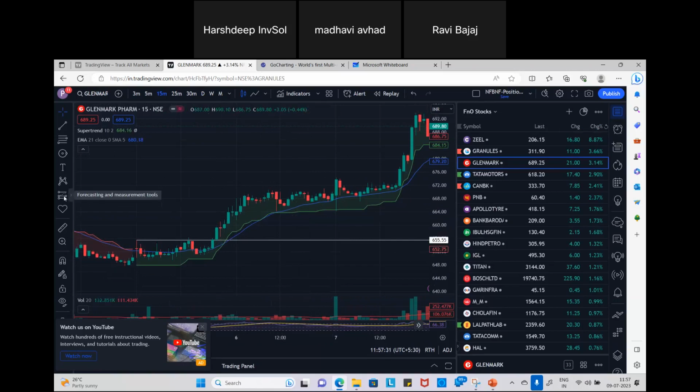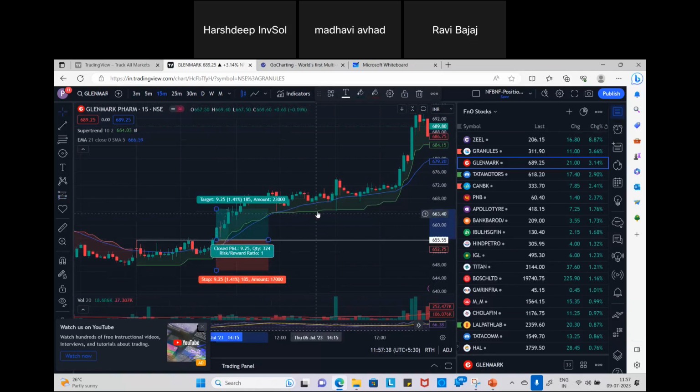So if you look at this, the current gain using this strategy is good, and nowhere is the stop loss hit. You can see the prices are continuously above this moving average, and this green line acts as a stop loss for your trade. Fine. So the stop loss criteria is the same whether you do it on weekly, daily, 15 minutes, 5 minutes, or any time frame.